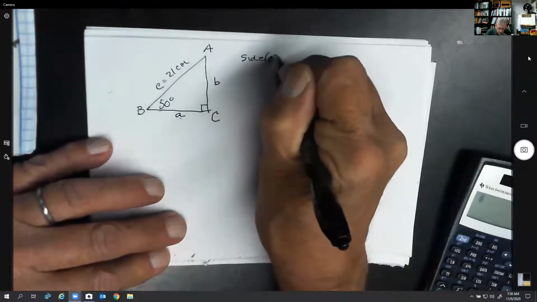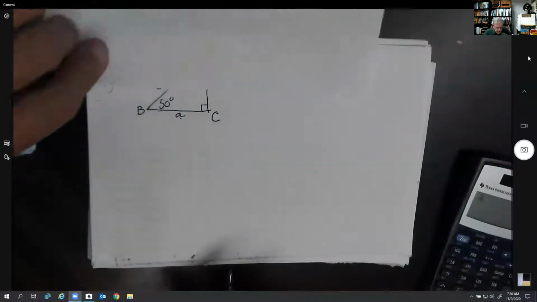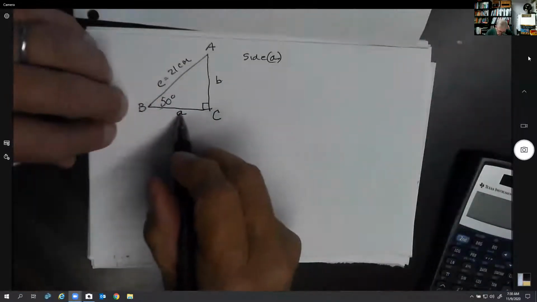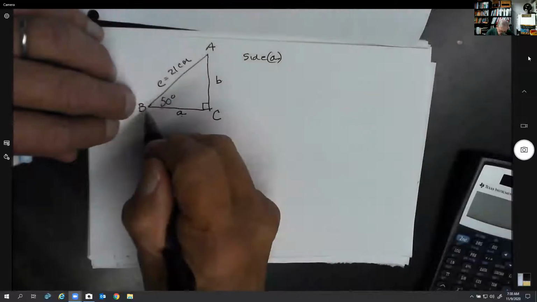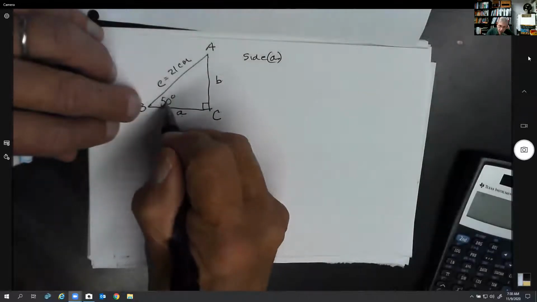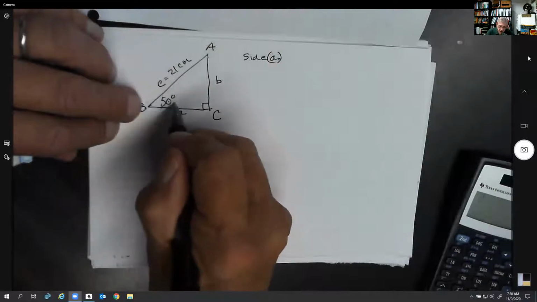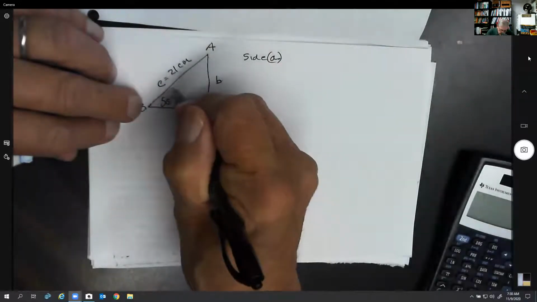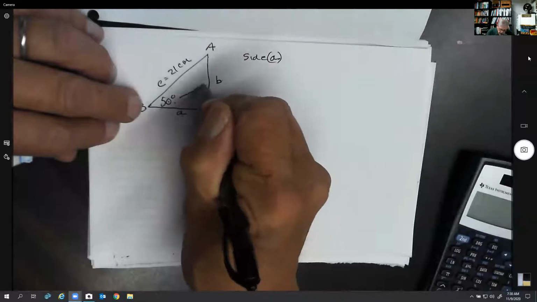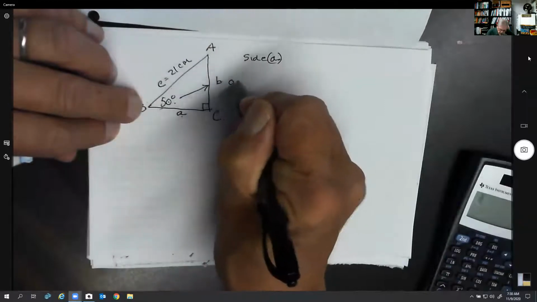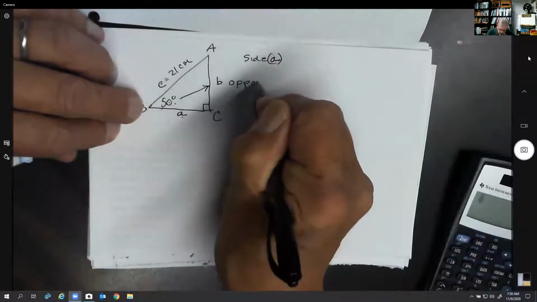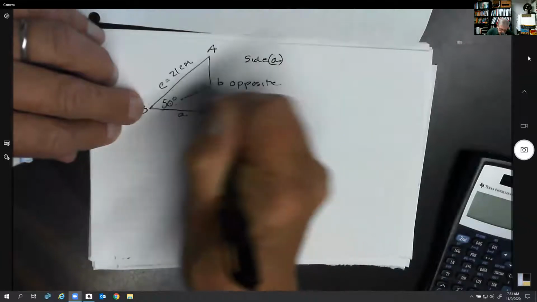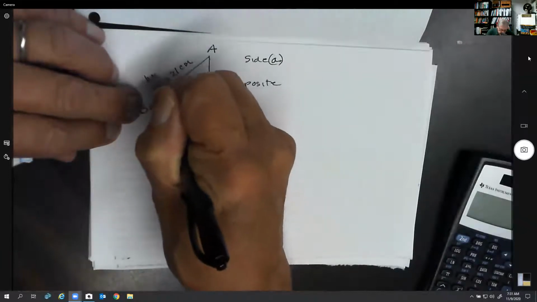Okay, so this is where this information comes in handy. Side A, the only thing we know is angle B, so we have to reference it to the angle we know, angle B. So referencing that, this side becomes the opposite of B. This side we know is the hypotenuse, it's the longest side.